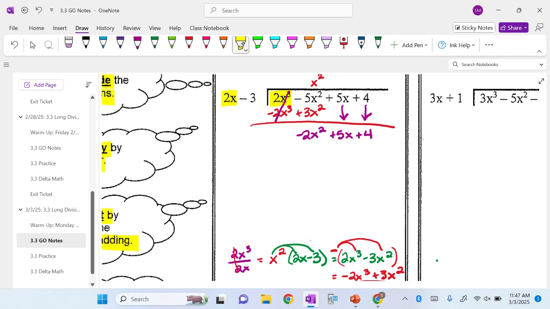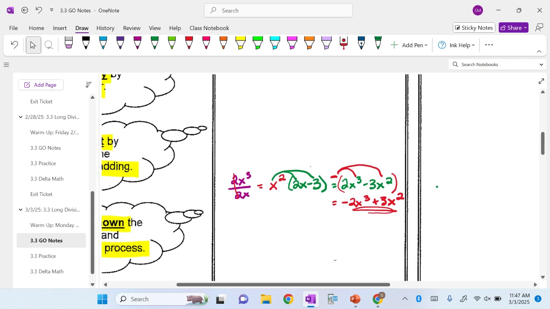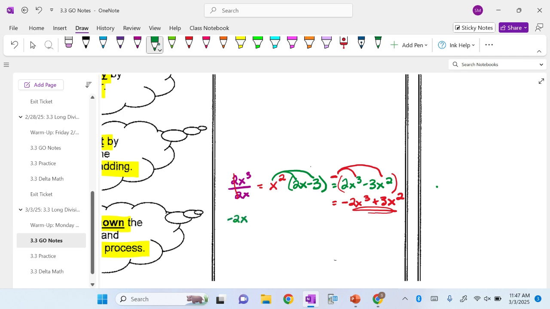So we're now going to divide negative 2x squared by 2x again. So right here, I'm going to write negative 2x squared divided by 2x, which is what?